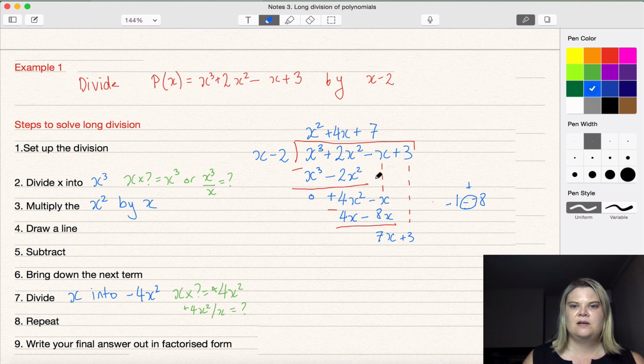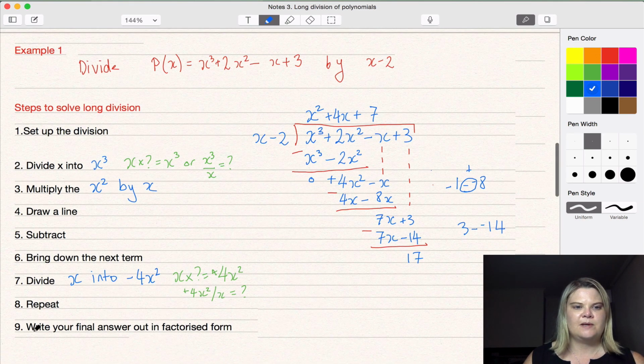Plus 3 on the end. 7x into x goes 7 times. 7 times x to check is 7x. 7 times negative 2 is negative 14. Draw a line. Put your subtraction in there. Check that they equal 0. 3 take away negative 14 is 3 plus 14, which is 17. And we've got nothing more to bring down at the end here.